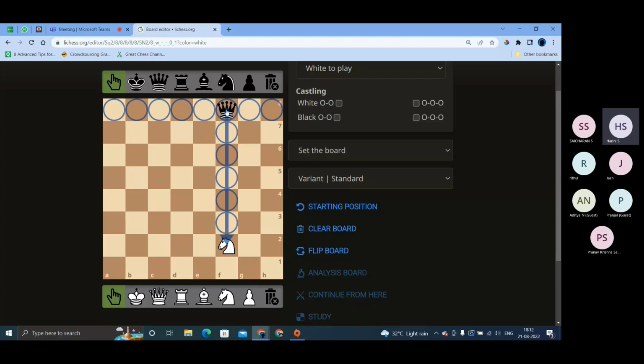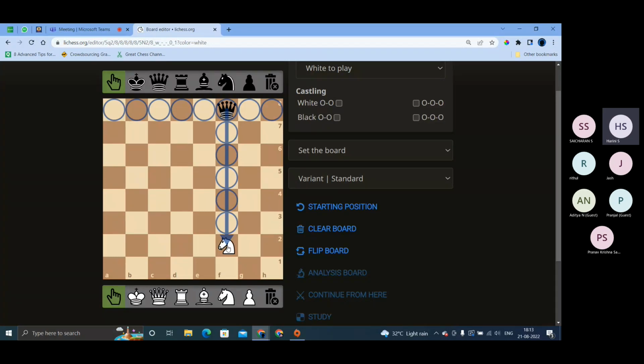If there is an empty square where the piece can move, we say that the piece is controlling those squares. But if on its path there is an opponent's piece, it will attack. If there is its own piece, then it will support.